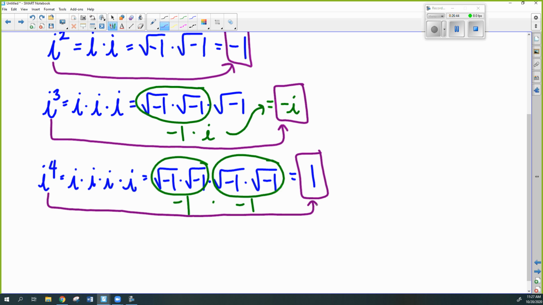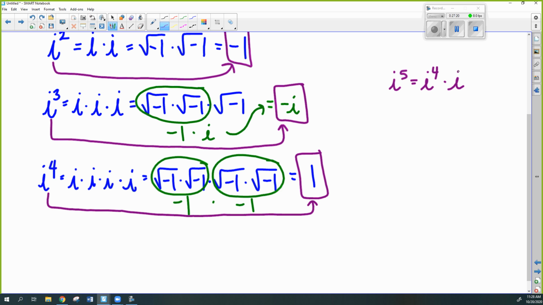Now, what that means is for every single power, if I wrote it out like this, every 4 i's that I have will turn into a 1. Every 4 i's will end up turning into a 1. Okay? So if I did i to the 5th, and you don't have to write this part down if you don't want to, I could essentially write it as i to the 4th times 1 more i.